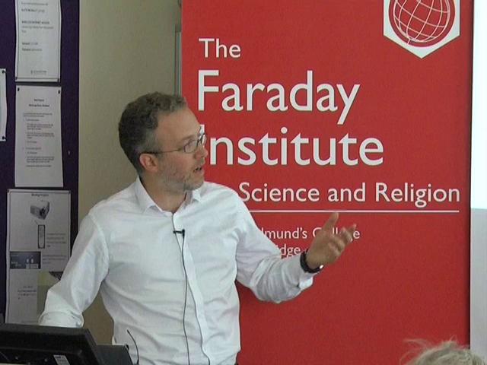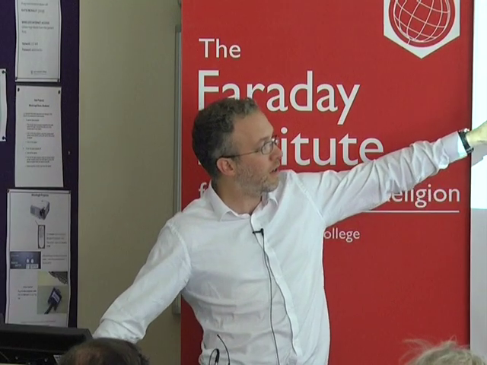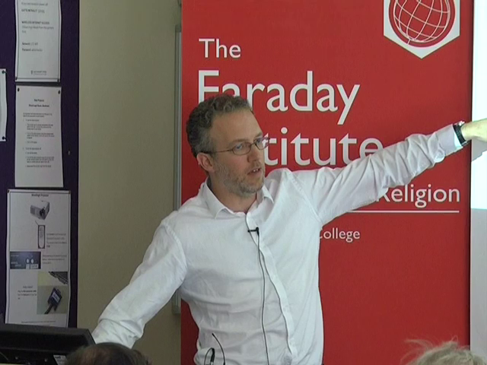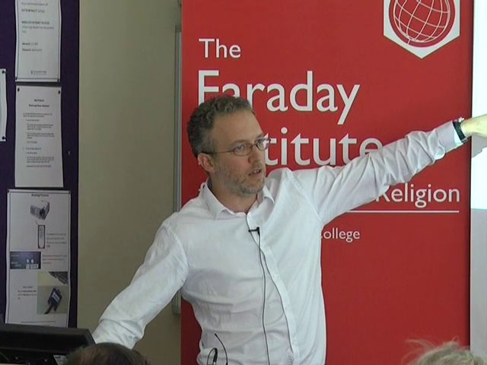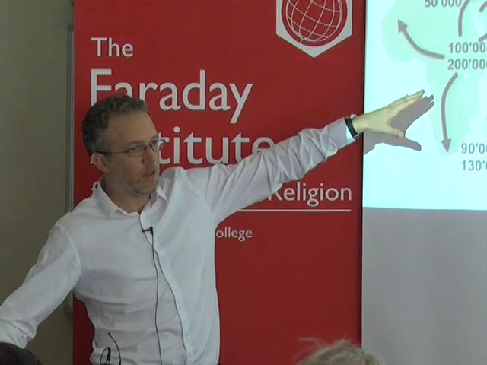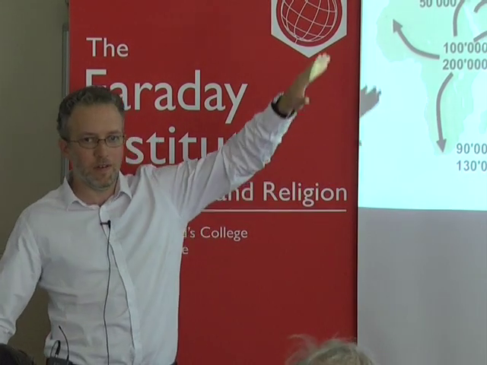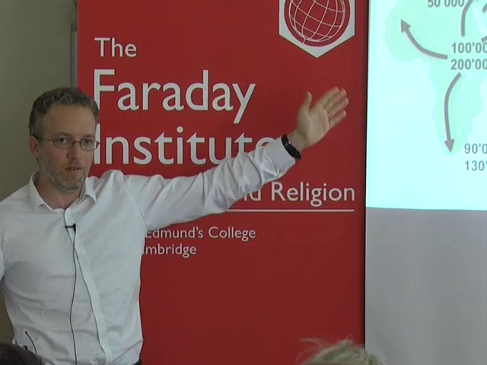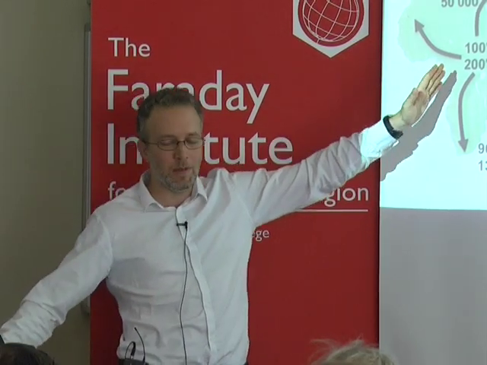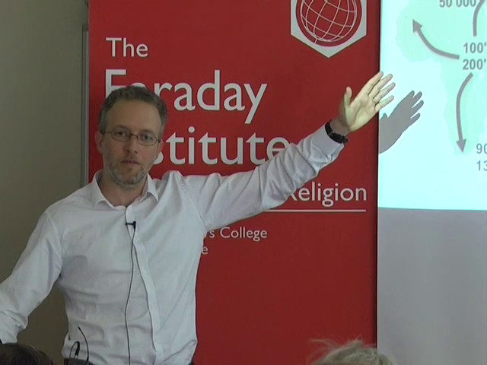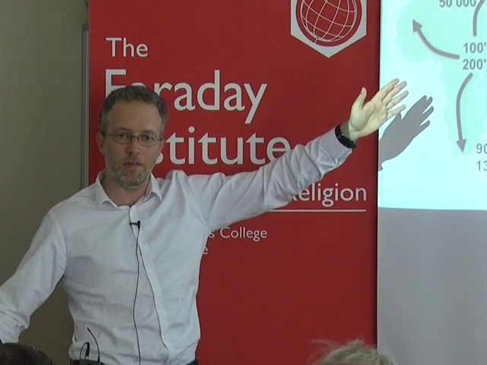Those error bars can be quite high. We have been involved in studies where we have a posterior distribution of the timing, so you have the best estimate maybe at 70,000, but the error bars go from 120 to 30.